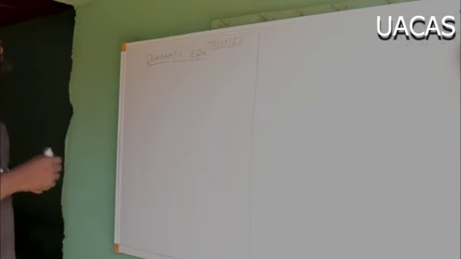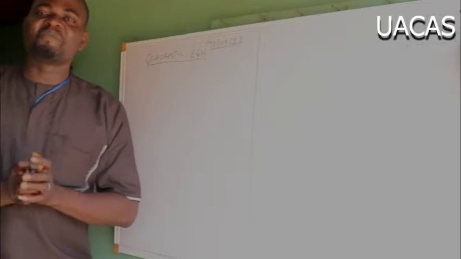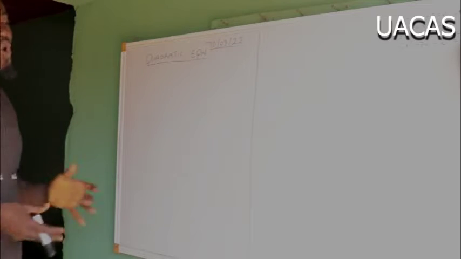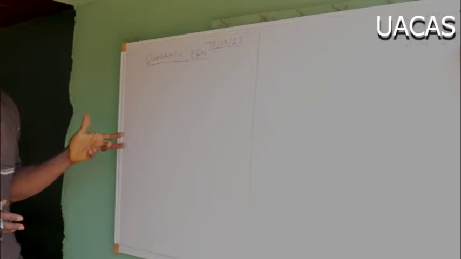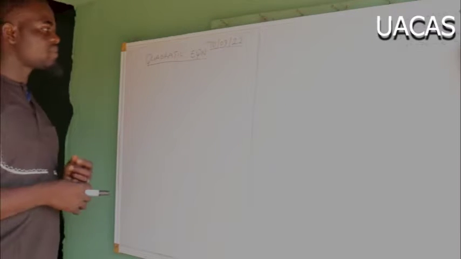So today we'll be talking about quadratic equations, and I believe from your secondary schools, if you're in 100 level, or if you're in the secondary school now, you must have heard what quadratic equation is all about.